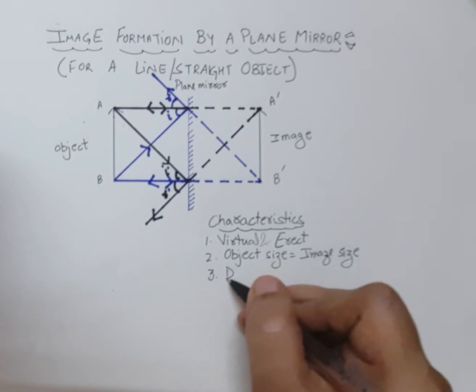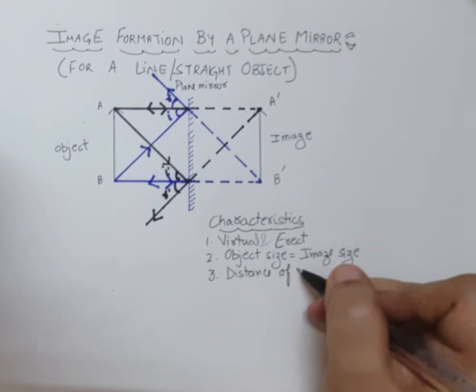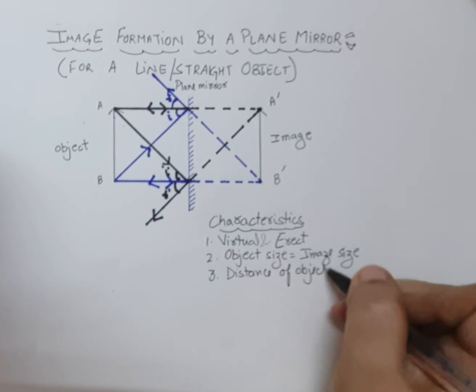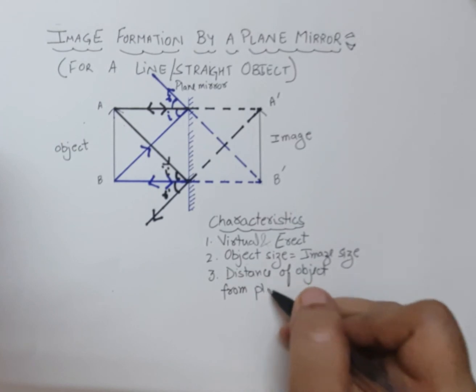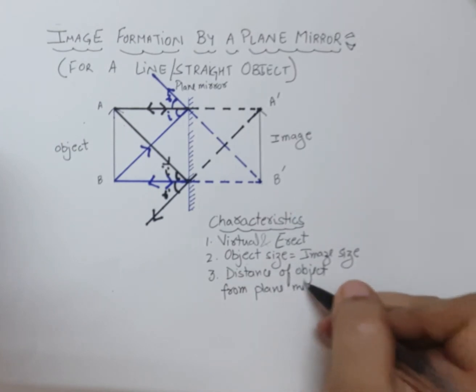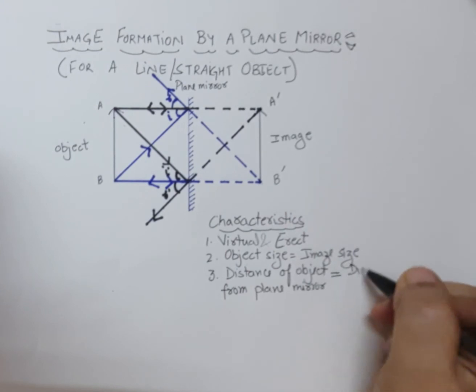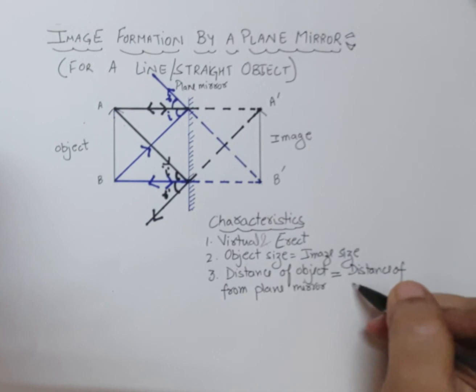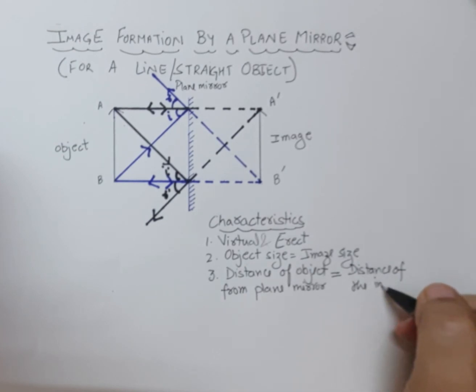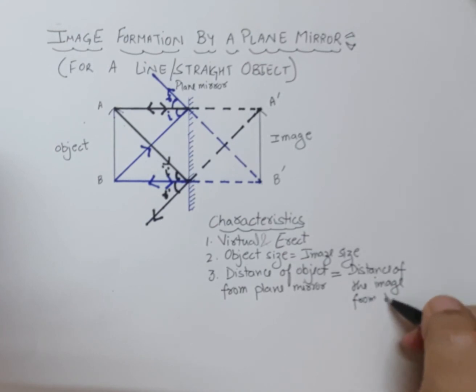The distance of the object from the plane mirror is equal to the distance of the image from the plane mirror.